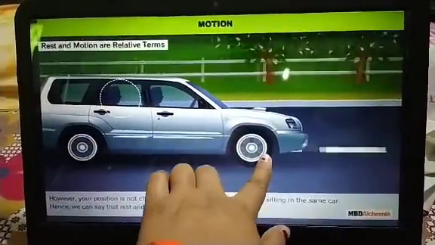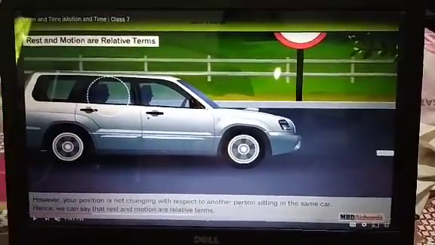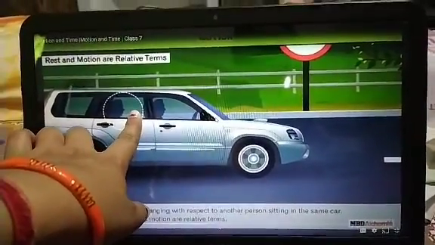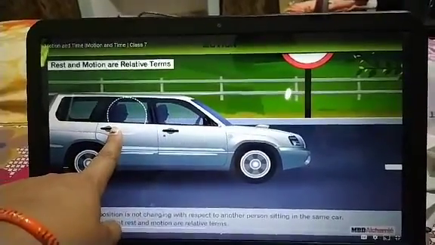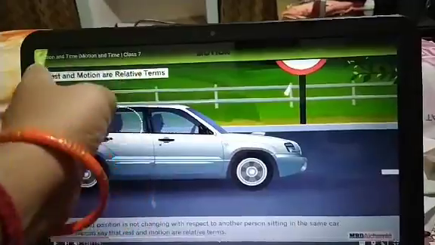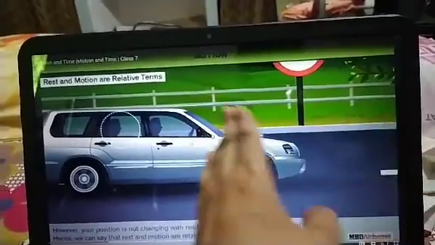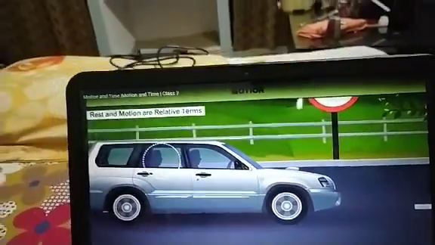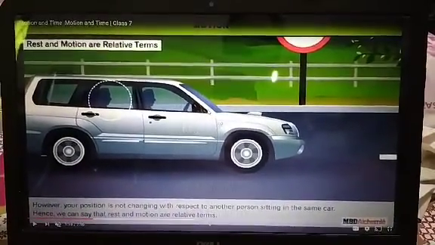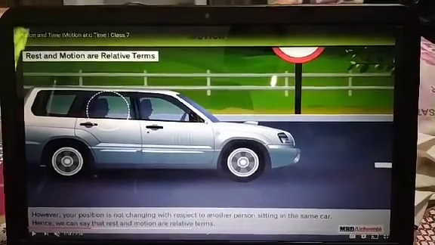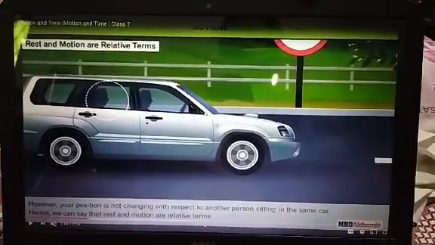Only the wheels are changing position, but these two persons are not changing their position, but still they are in motion. ये यहीं बैठे हैं, ये रेस्ट पर ही हैं, इनकी कार पर वही पोजीशन है, तो ये रेस्ट पे हैं, बट स्टिल ये जो है ये आगे बढ़ते जा रहे हैं, राइट। अब इस पोल को भी ये पास कर देगा, क्रॉस कर देगा, यानी कि ये कार आगे बढ़ जाएगी, तो ये भी तो आगे बढ़ गए, बट स्टिल। So here we can say that rest and motion are relative terms. Rest and motion are relative terms. Okay.